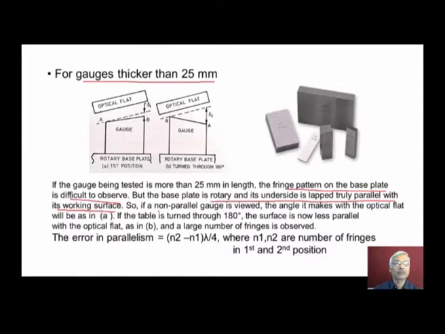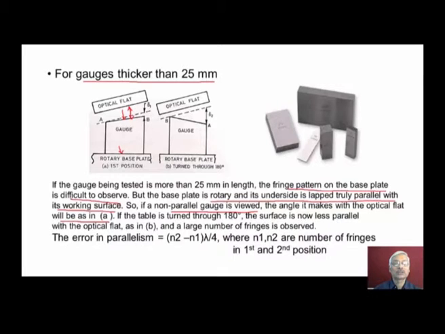So if a non-parallel gauge is viewed, now you can see here this surface of the gauge is not parallel with this surface. If a non-parallel gauge is viewed, the angle it makes with the optical flat will be as in case A. That means this is the angle that is made.